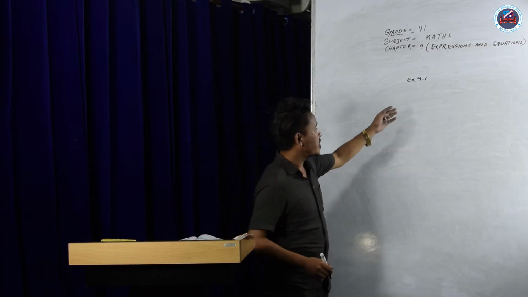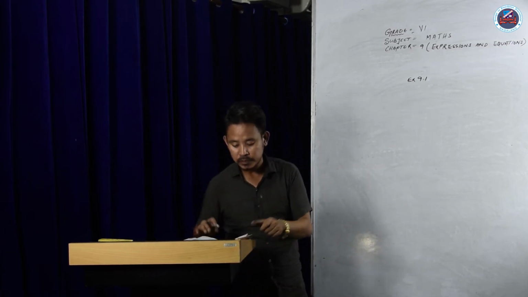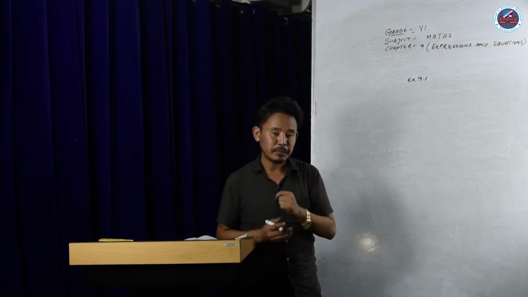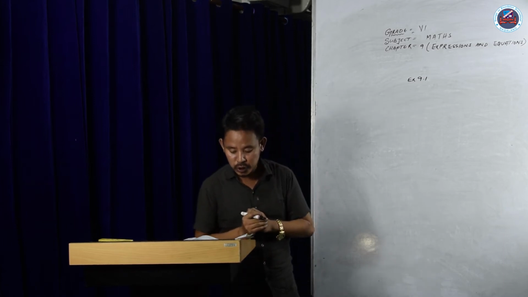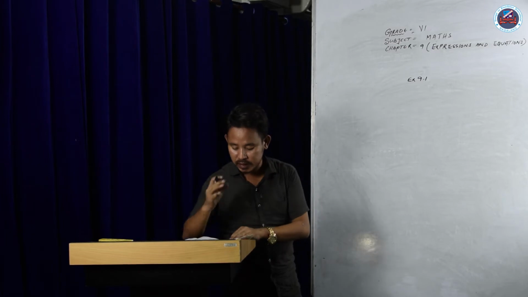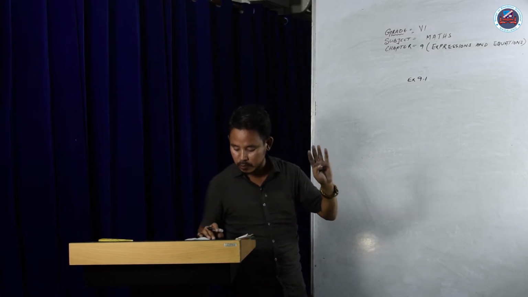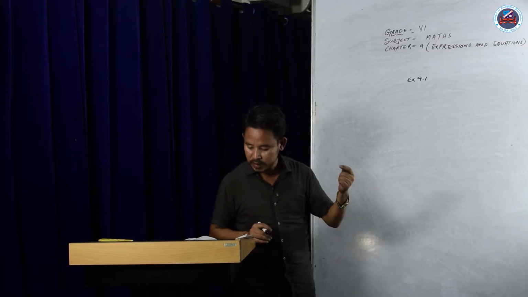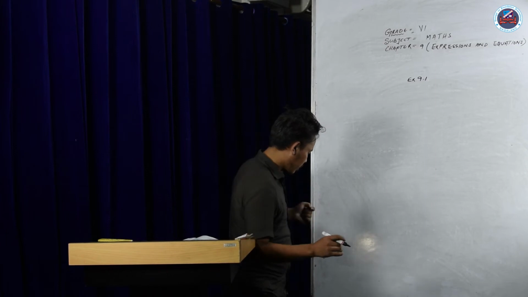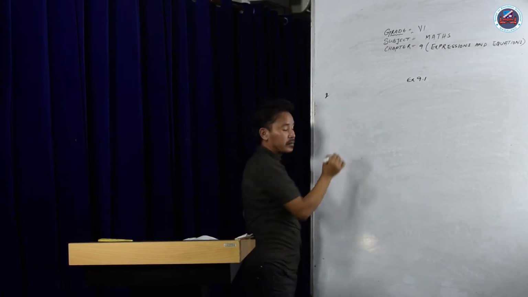From exercise 9.1, question number 2. Question number 1, please, you can try it. It is very simple. I'll start from question number 2. We can see there are plenty of questions, but I will just do two.